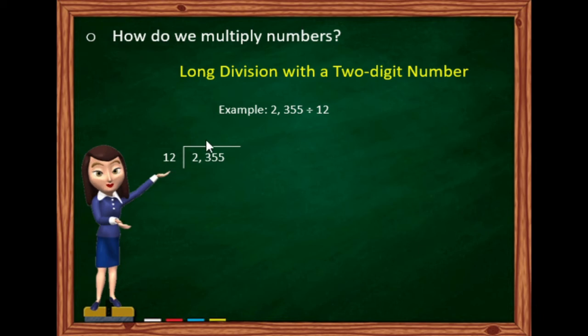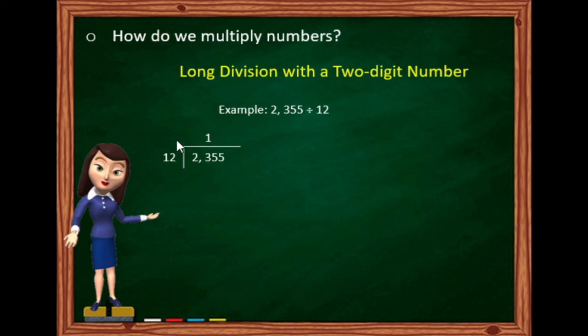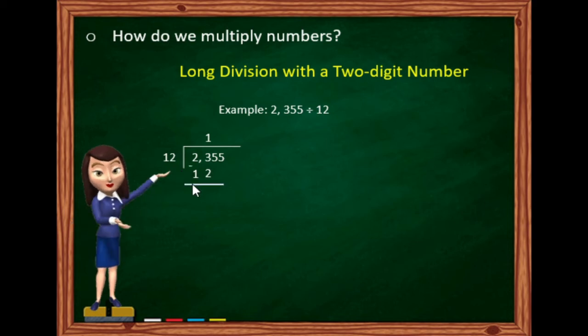1. 1 times 12 equals 12, and then we subtract them together.